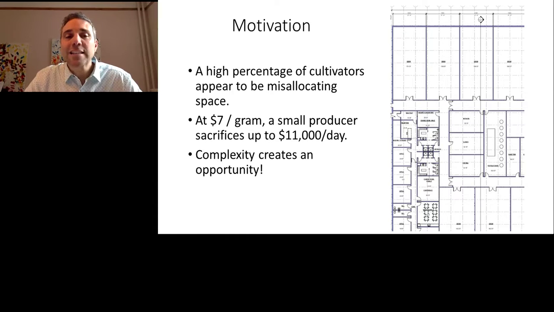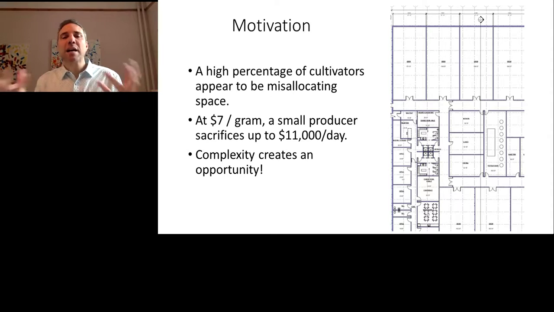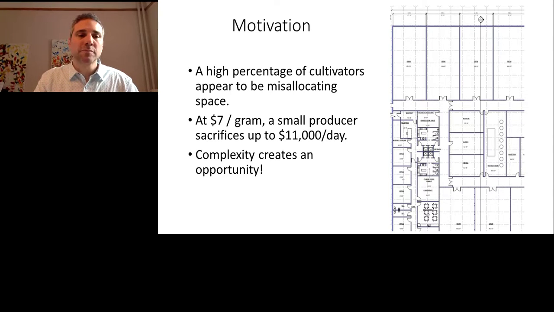I like to look at it as an opportunity because it gives the grower an opportunity to manage their growing strategy and the methods they use to create a space that maximizes their revenues per unit of space given their business strategy.